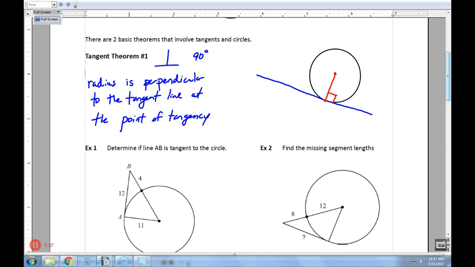So the big thing is the radius is perpendicular to the tangent line. Now that opens up the door for a lot of things like the Pythagorean theorem and things of that nature.